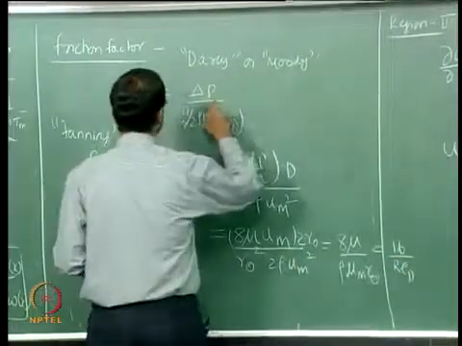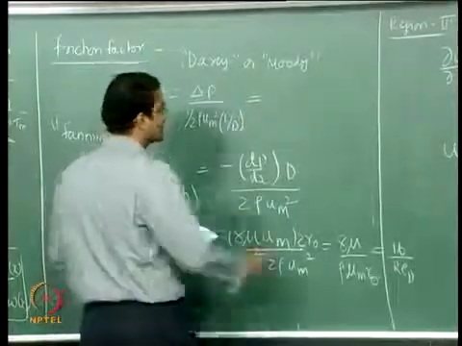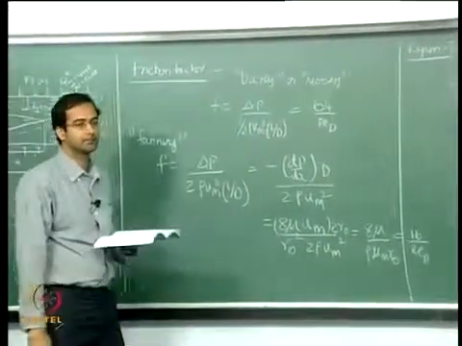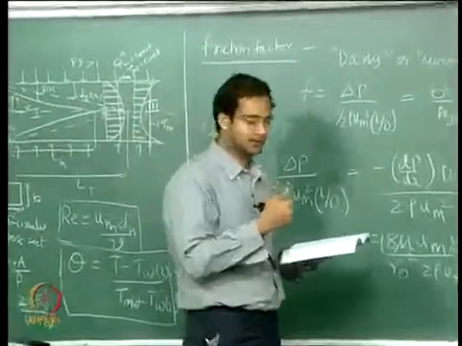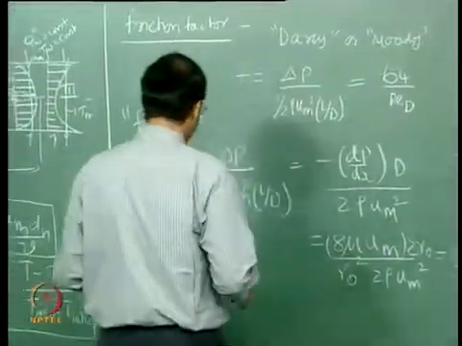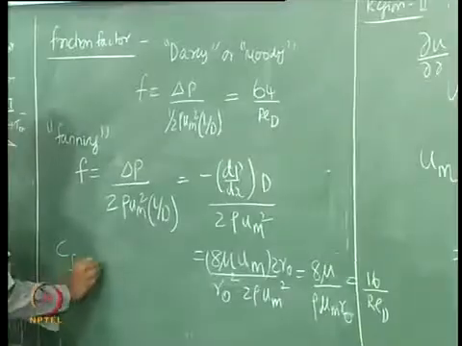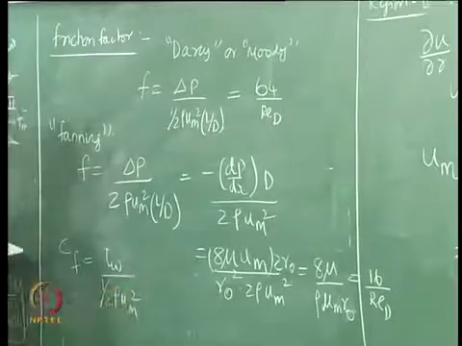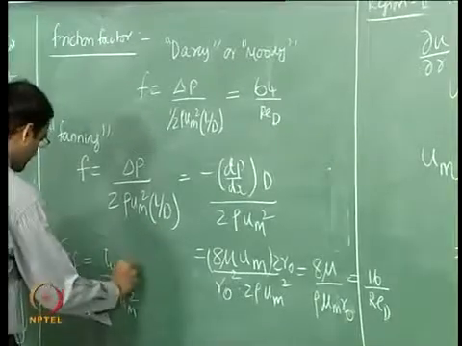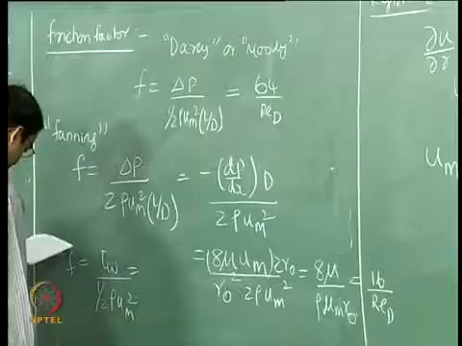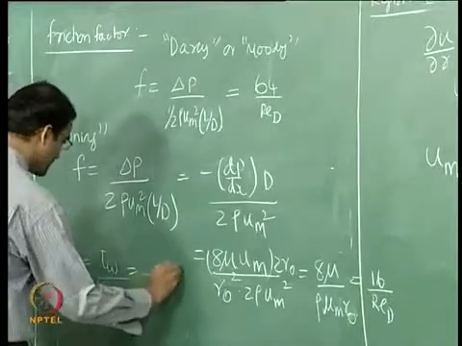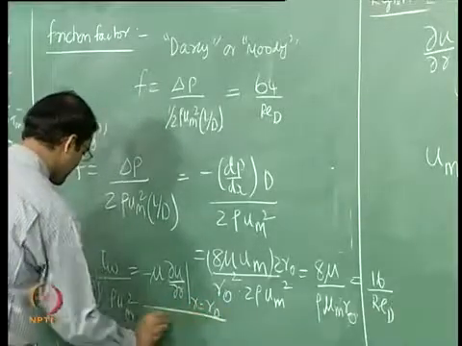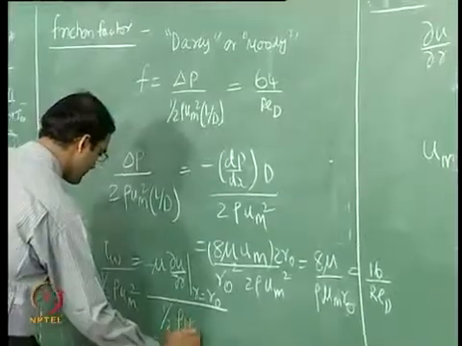Similarly, if you had substituted here for the Moody's friction factor, this expression will come out as 64 by Reynolds number. So that is the difference, the factor is the difference. And now if you define your skin friction coefficient Cf for internal flows as tau by half rho um square, and your tau is nothing but minus mu du by dr at r equal to r naught, divided by half rho um square.